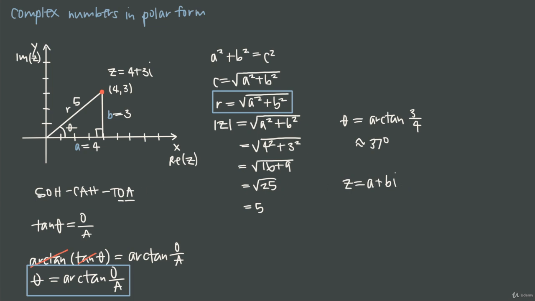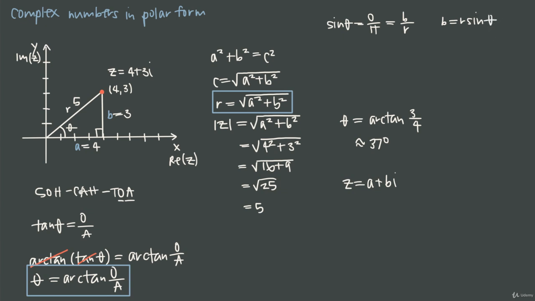So for instance, if we say sine is equal to opposite over hypotenuse, which it always is, so sine of theta is equal to opposite over hypotenuse. But we know that the opposite side from theta is b, and we know that the hypotenuse is r. We call the hypotenuse r. So we have sine of theta equals b over r. If we multiply both sides by r, we get b equals r sine theta.